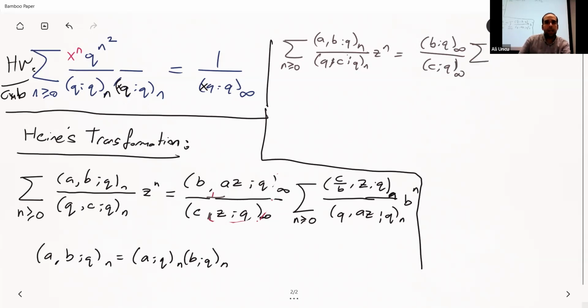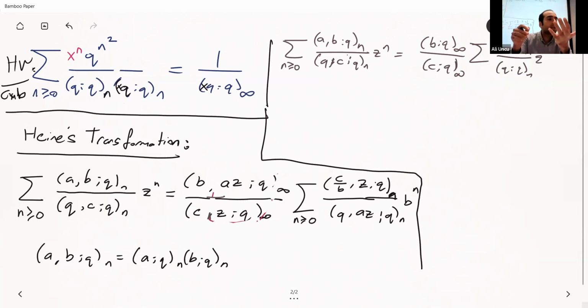I didn't touch this: (a; q)n is the same, (q; q)n is the same, and z to the power n is the same. However, for me to make the (c; q)n into a (c; q)∞, I need to add infinitely many factors, I mean, I need to add many factors to this.